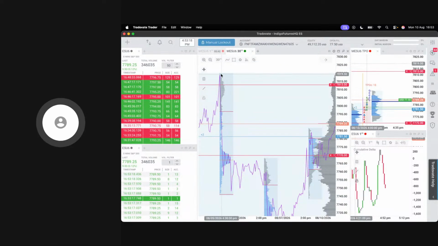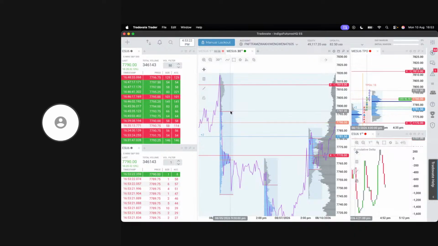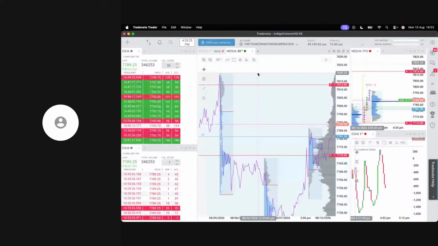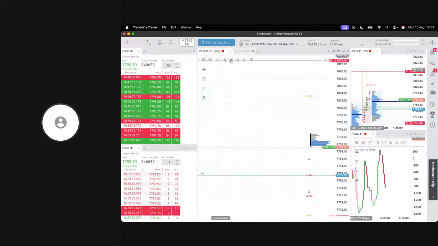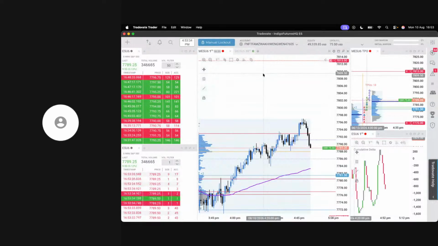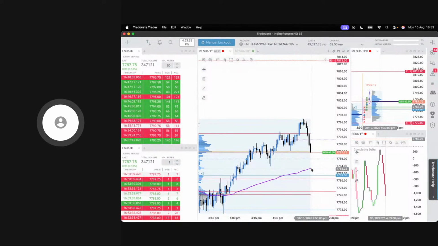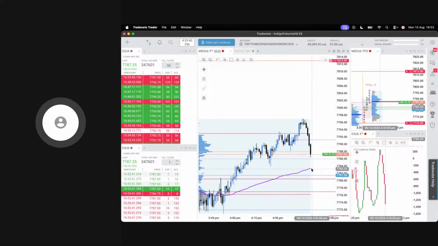That is the day we set ATH. Okay. VWAP all the way here at 83.